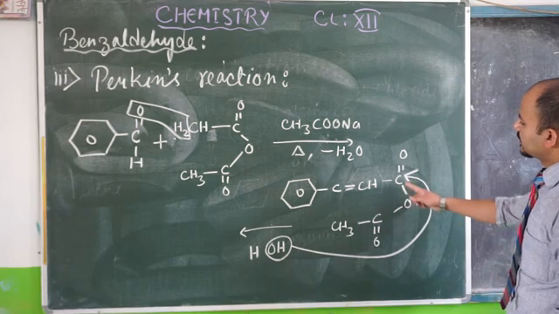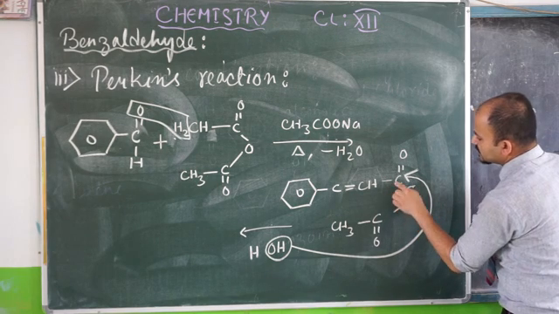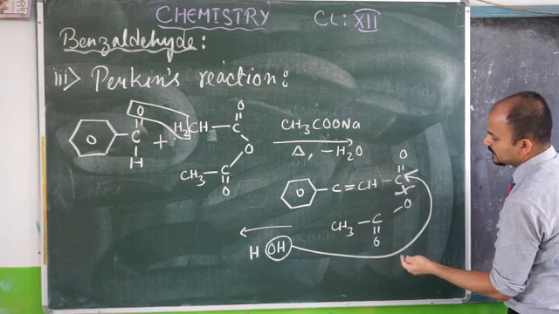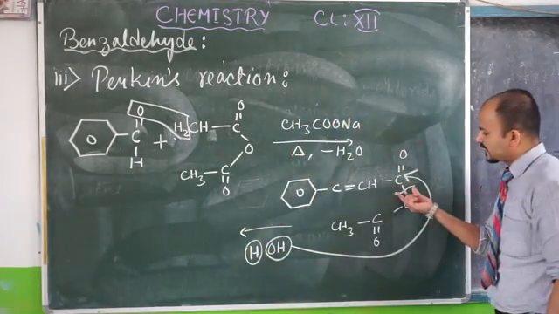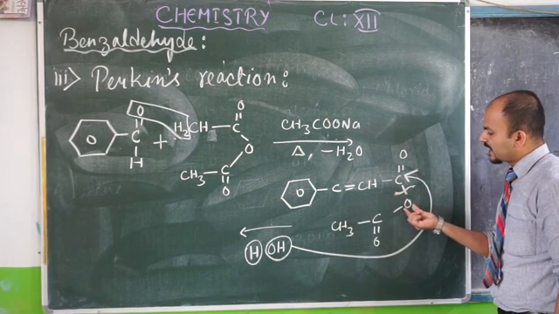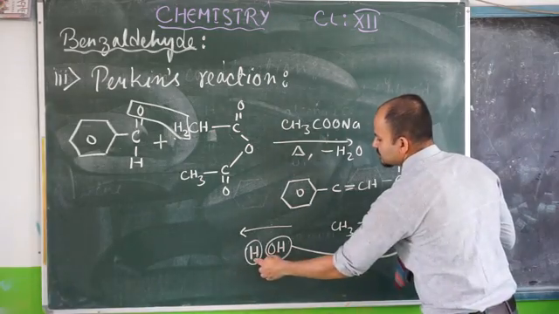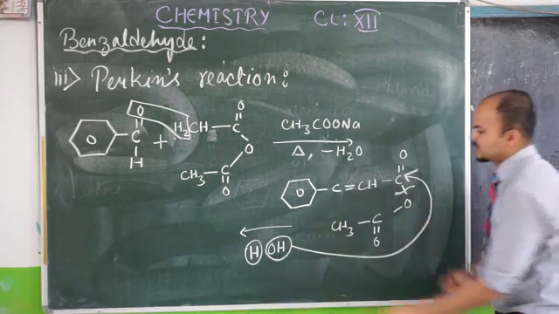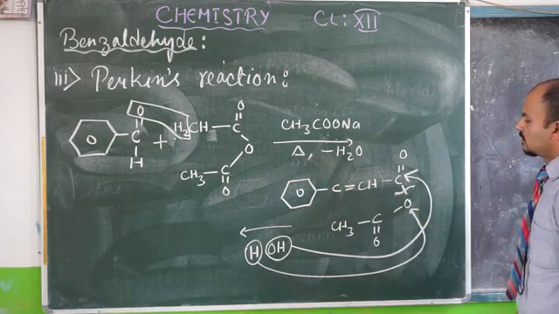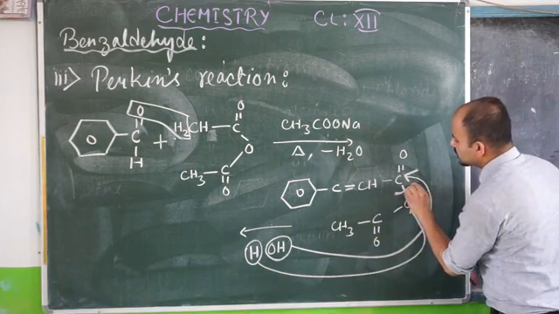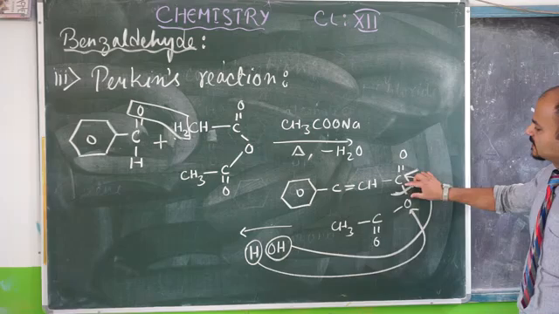Whenever it is bonded, the bond between this carbon and this oxygen breaks. Since the bond has broken away, this oxygen has an O minus sign. This O minus will attract this proton, that is, this H will come here and get bonded with this oxygen. Please remember, the bond between this carbon and this oxygen has clipped.